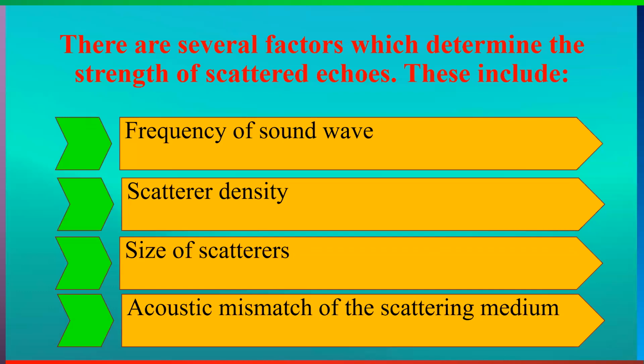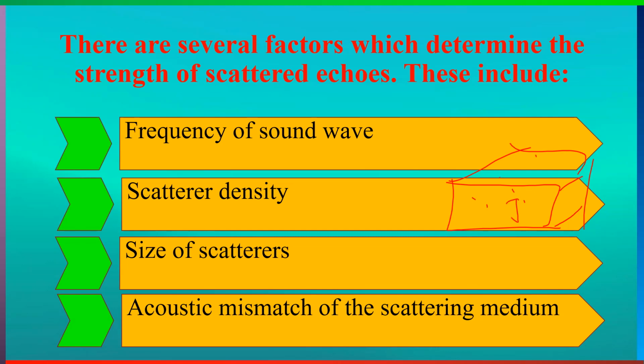Then there is another factor, which is scatter density. By scatter density, I mean that if there is a unit volume, the number of scatterers in that unit volume is called scatter density, right? This is a density containing a number of molecules.